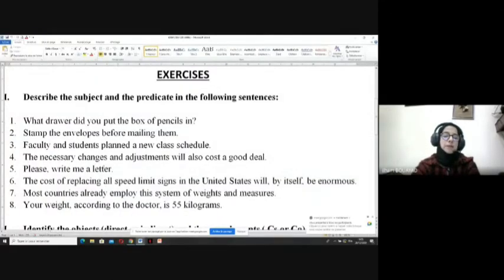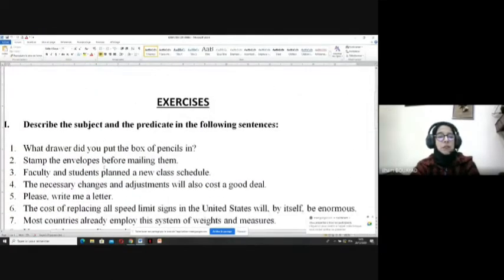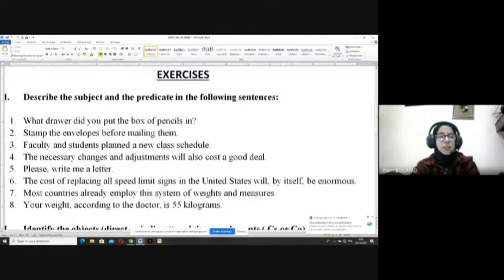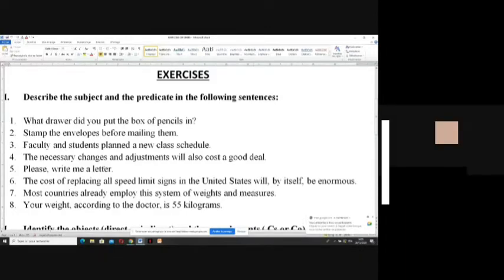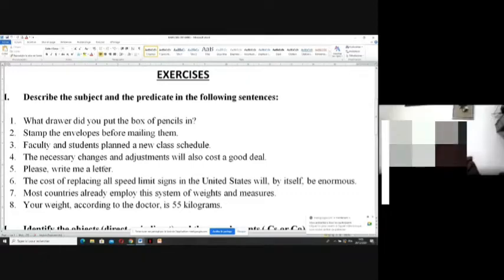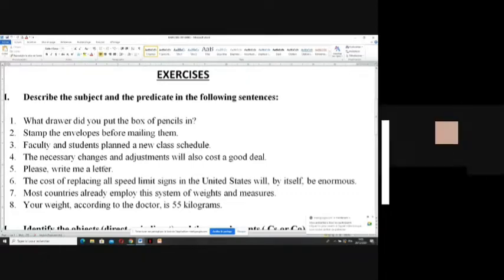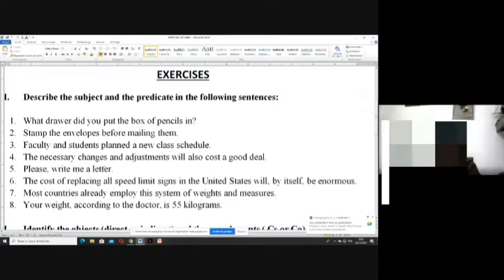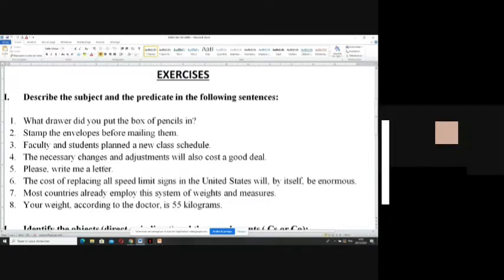Concerning the first one, we have to describe the subject in the following sentences. Just describe the subject. Good evening, Professor and all students. Yes, good evening. Concerning the first question, the subject is you. And the predicate is did put the box of a pencil in what drawer? Yes, good.